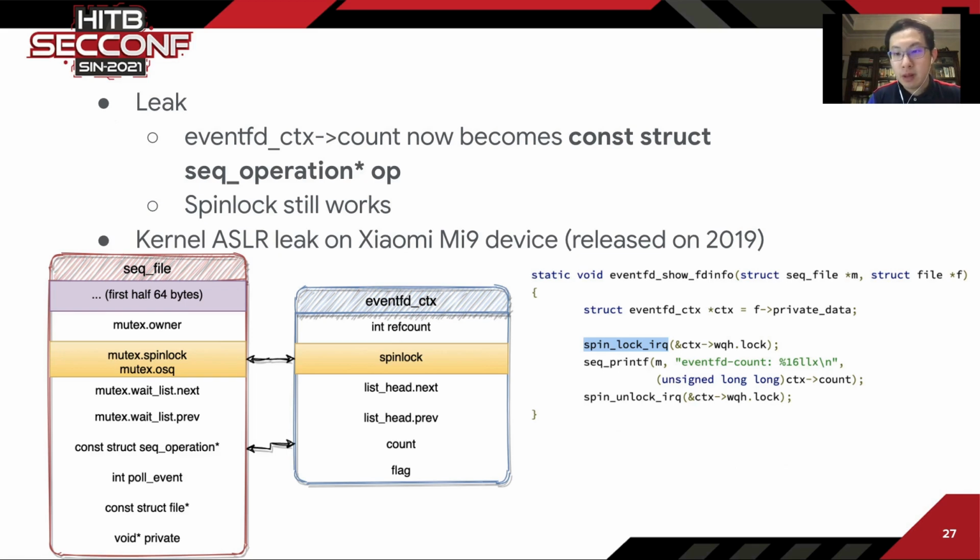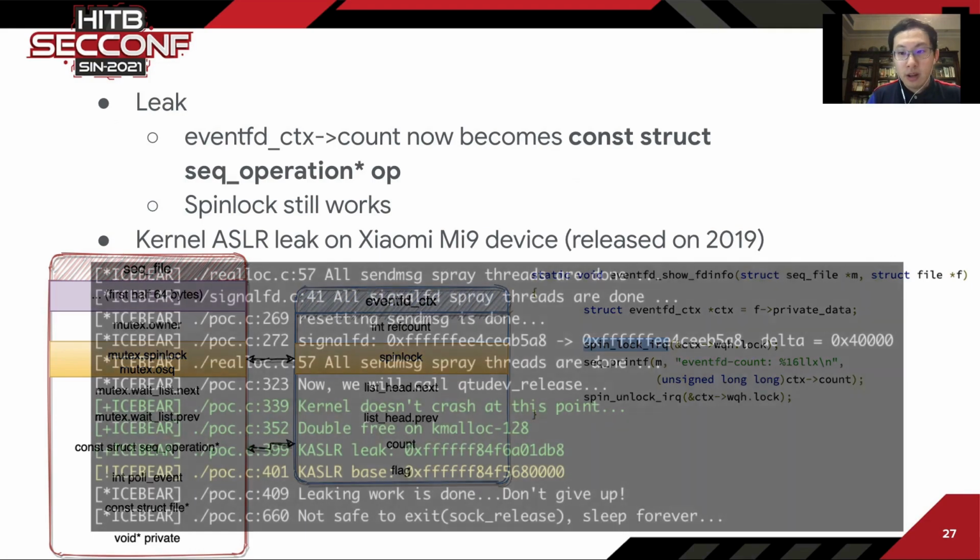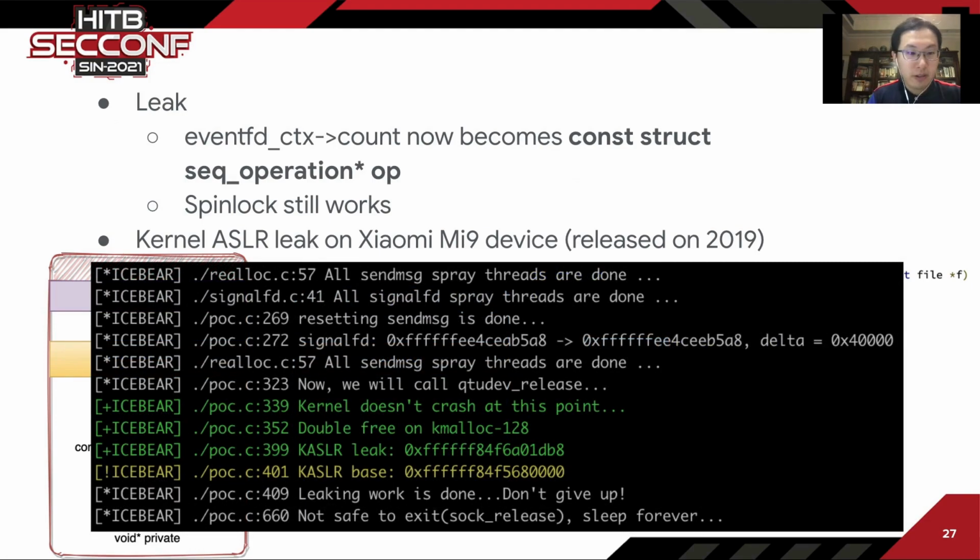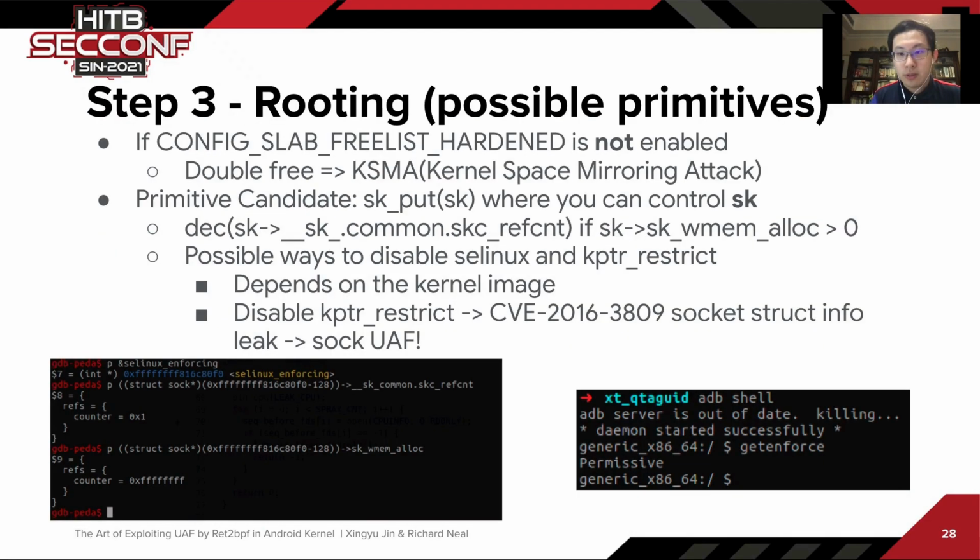If the slab free list is not hardened, you may build the double free primitive to do a kernel space mirror attack. Unfortunately, the mitigation is enabled in the Mediatek device, so abusing the double free primitive directly is not very possible for me. There are also other candidates, such as using the sock_put, where you may control the socket structure.